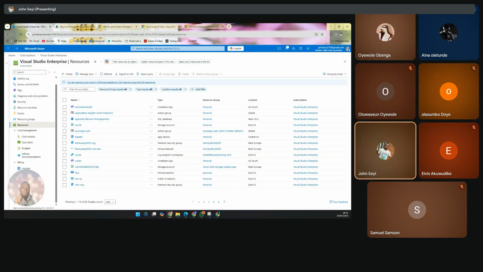One key point I want you guys to pick out of these points is that in role-based access control, what you are allowed to do and where you are allowed to do it is important. You give a user the least access a user needs. What do I mean by that? Mr. A just joined my company today. I can't give Mr. A owner access to my resources because he just joined today.